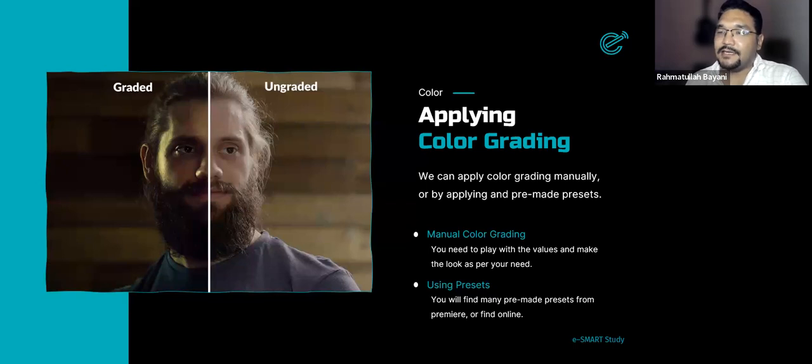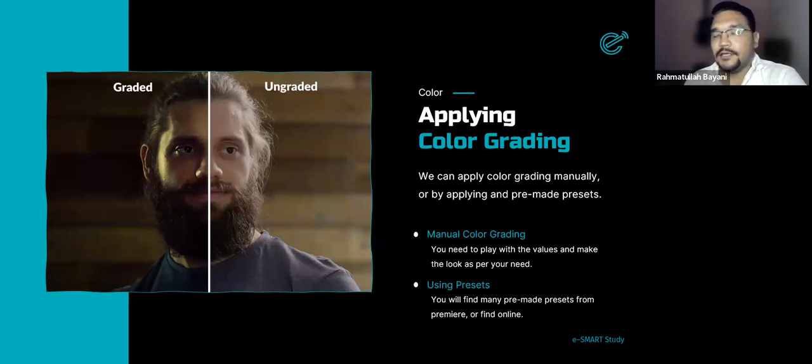It is already done with the color correction, and the color is looking realistic and natural. But if we want to give some kind of emotion, or change the color or the theme of the video, we are going to apply some grade to our footage. So it is going to look a little bit different.